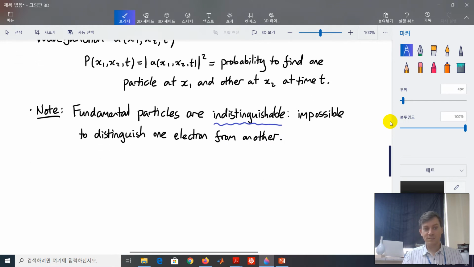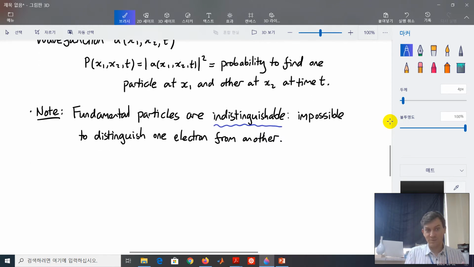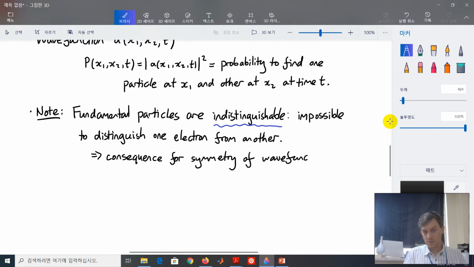This has a consequence for the symmetry of the wave function. Let's suppose I look at just a one-dimensional case to start with.